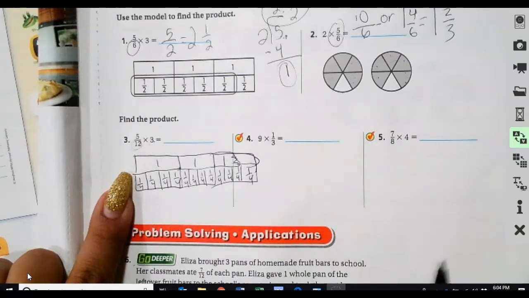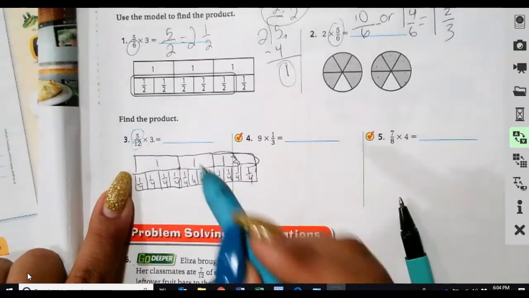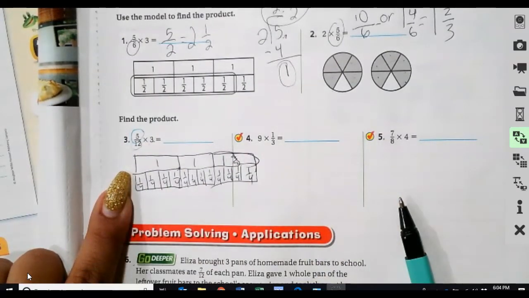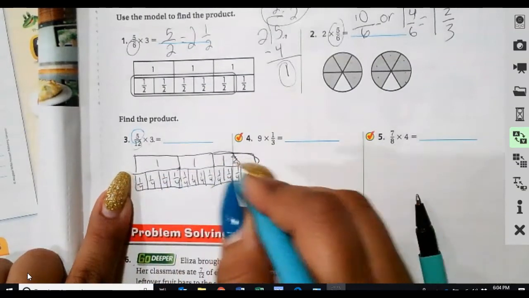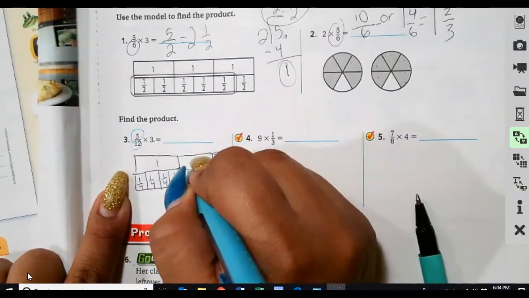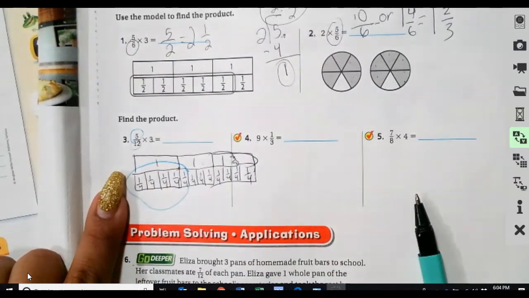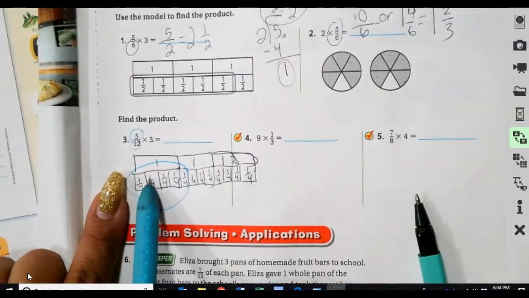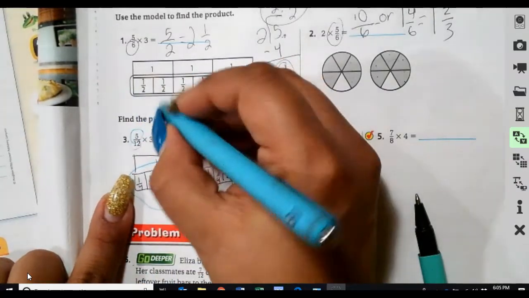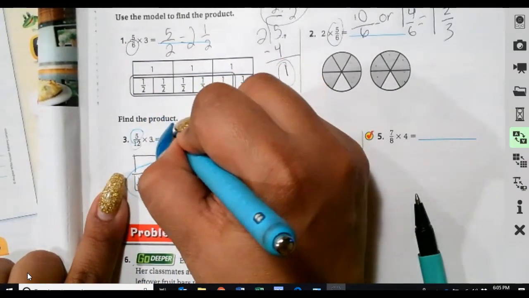Now I just need to circle 5, right? Because I just want 5/12. So in my group of 12, I want to circle only 5. So then I will circle that. And so that means that my answer is 5 fourths.